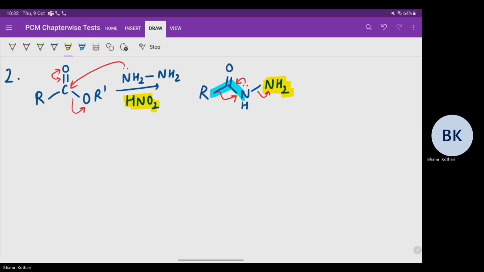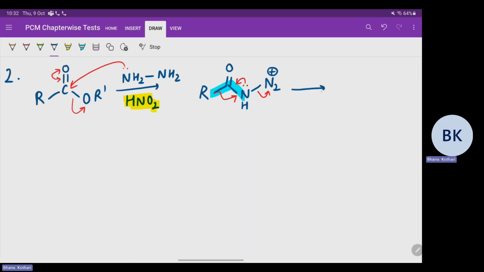Okay. So instead of NH2, it will be better to write it as N2 plus. Okay. One of the byproducts will be nitrogen, N2 gas.